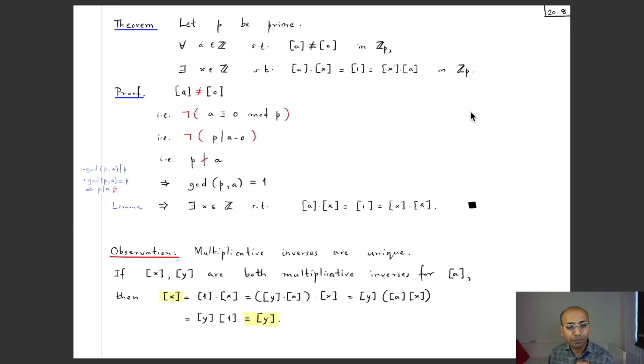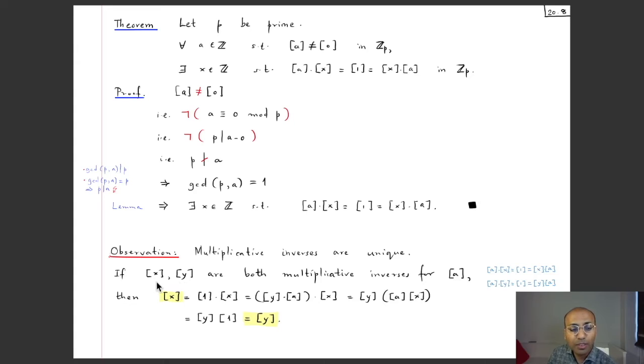We now make the observation that if in Zn you have an element which possesses a multiplicative inverse, then this multiplicative inverse is unique for that element. So let us suppose that this element, the equivalence class containing an integer a, is invertible in Zn.